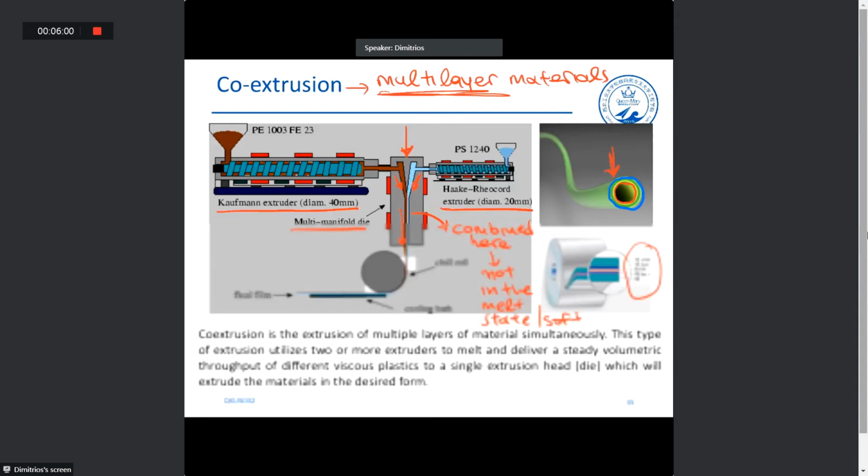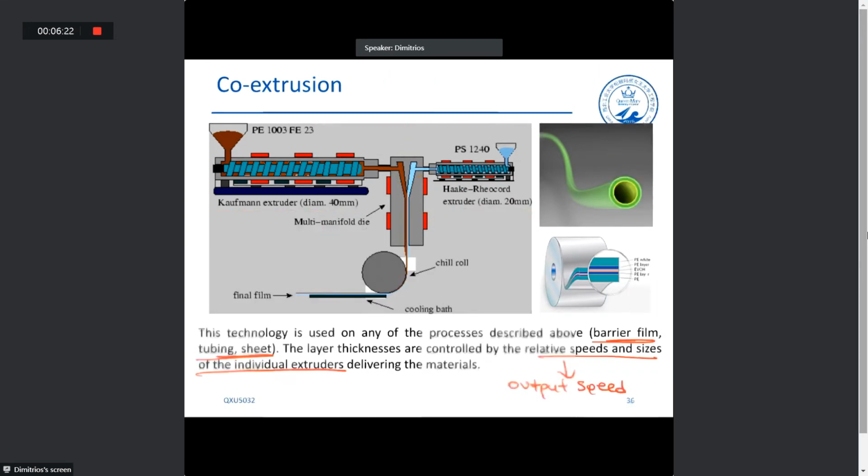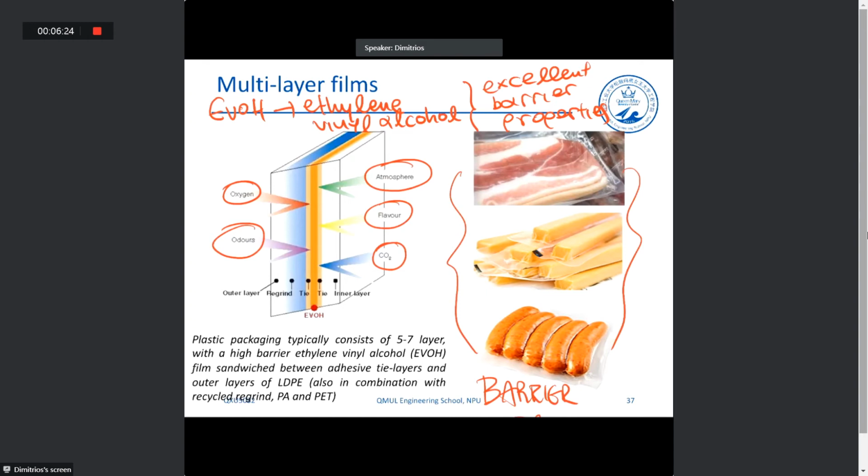Something that is very common in the industry is having two extruders and extruding them in the same area, in order to create multi-layer materials. The process is called co-extrusion, okay? It is relatively simple, and in this case, we create multi-layer materials for different types of applications, such as cables, or, because of excellent barrier properties of some polymers, we can use them for food applications as well.